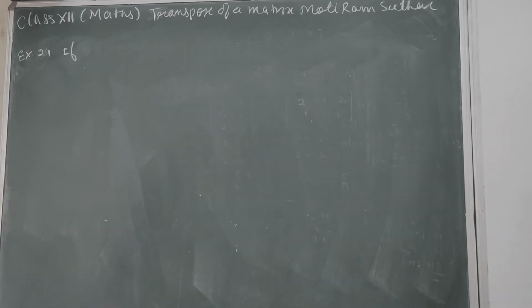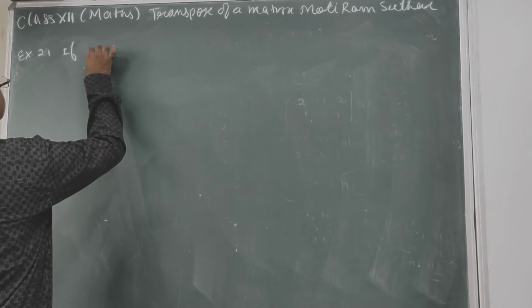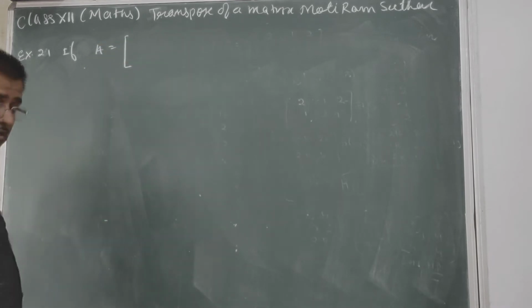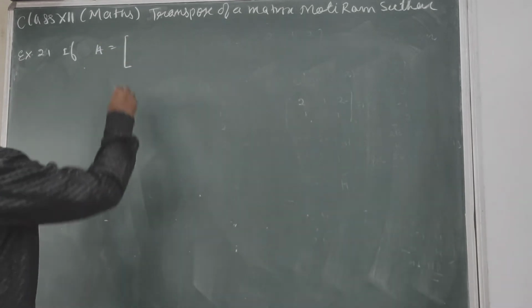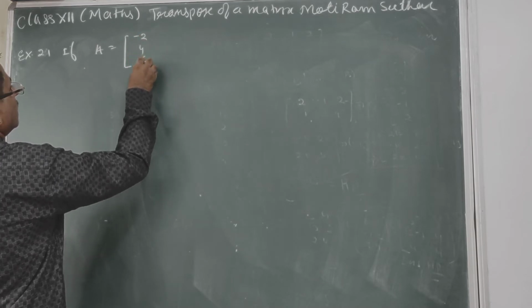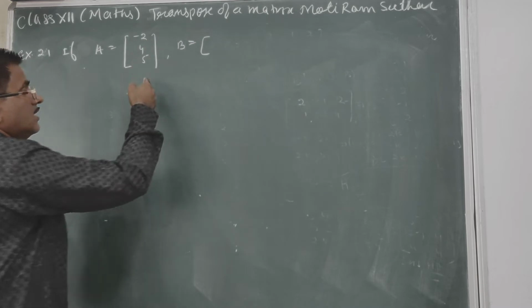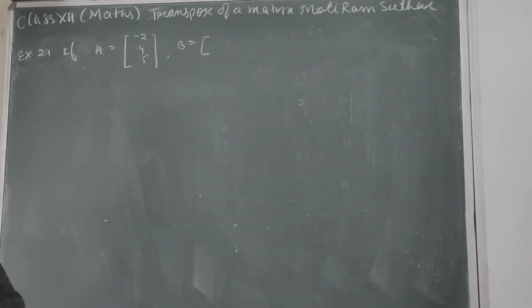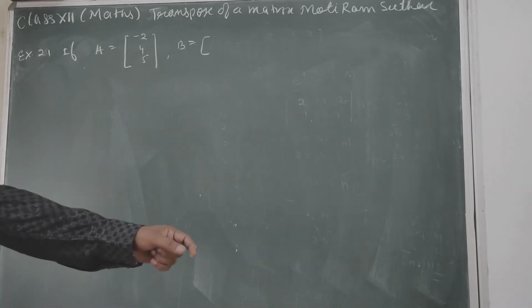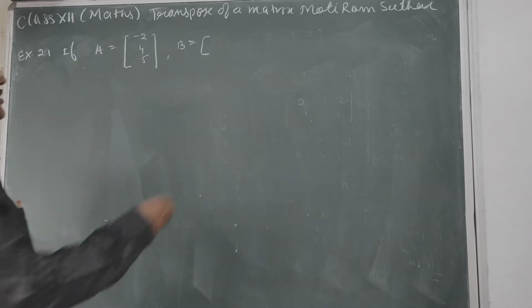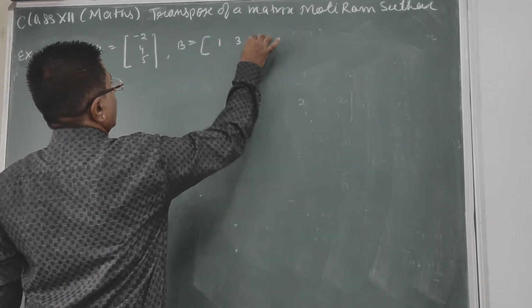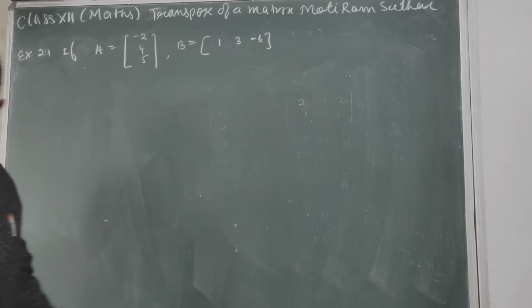If A equal to matrix -2 4 5 and matrix B, this is the column matrix, only one column is there, and B matrix 1 3 -6.